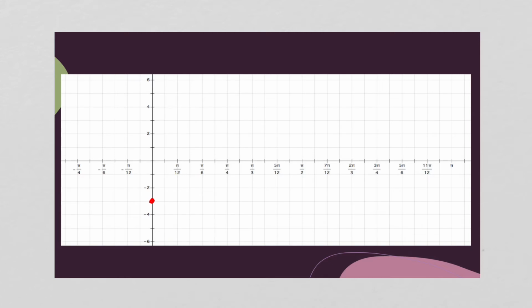Well, where in the world is pi over 16? Here's pi over 4. Halfway between 0 and pi over 4 would be pi over 8, right? And halfway between 0 and pi over 8 would be pi over 16. Of course, we're talking about negative pi over 16, but you know what I mean. So we are at negative pi over 16, negative 3.